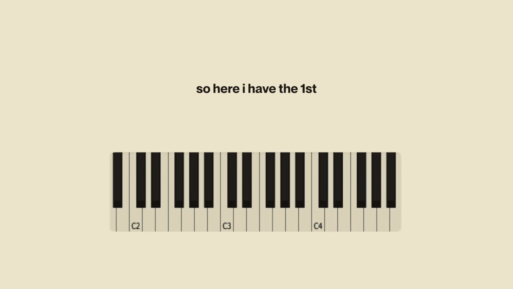So here I have the 1st, 3rd, 7th, and then I'm playing the 13th. And that transitions smoothly from one to another, because I don't have to move my right hand.